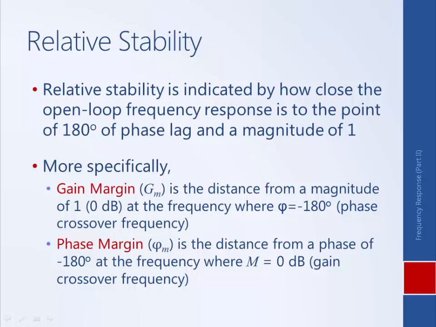How far away are we from the phase being 180 degrees or minus 180 degrees or any multiple of 360 added to that? And so these two quantities are very important and we're going to use them a lot. And on the next page I'll show a picture to help you try and start to become more comfortable with these concepts.